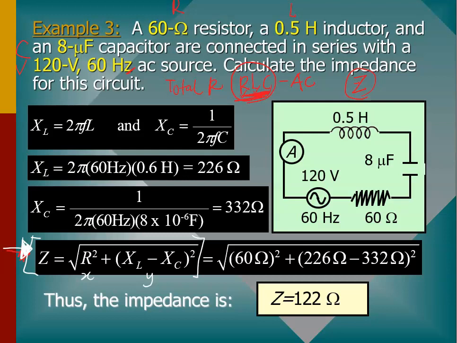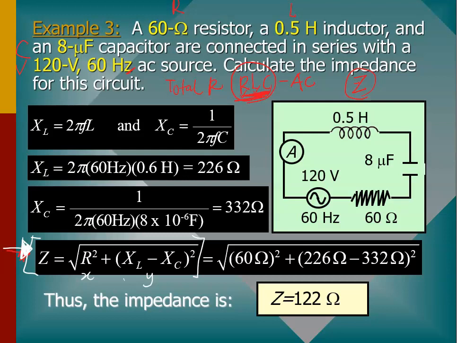Please don't watch this example video if you have not learned or studied chapter 13 first through my video, because you will not understand what I'm talking about if you didn't study it first. So please, right? So this is the equation of impedance.